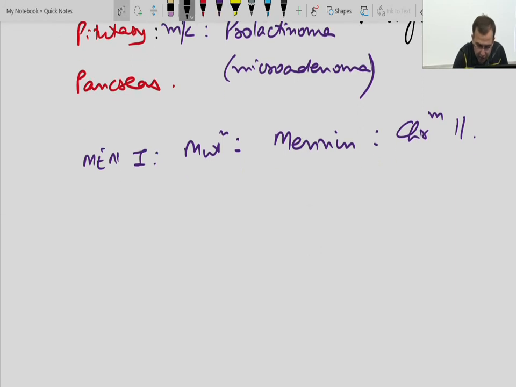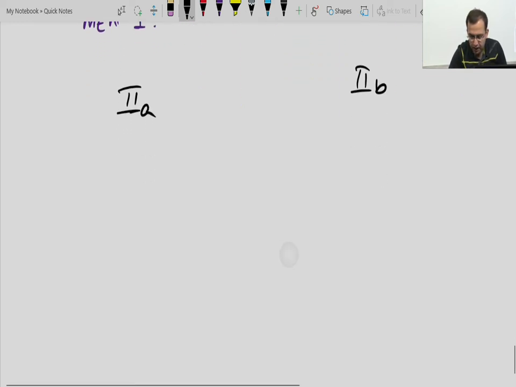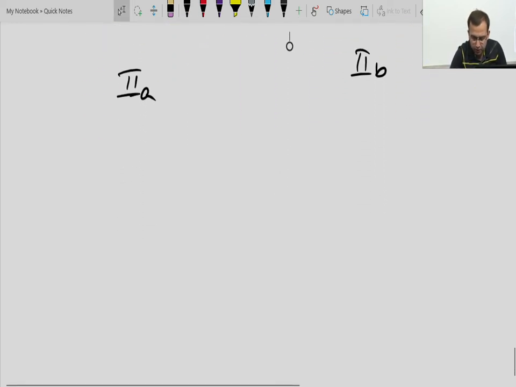Next, this gets us to MEN2A and MEN2B, starting with organs involved.